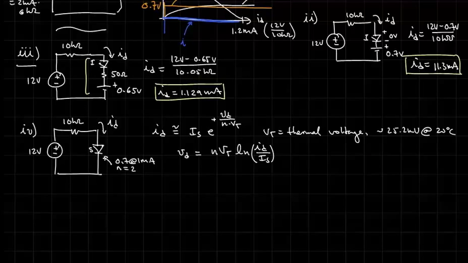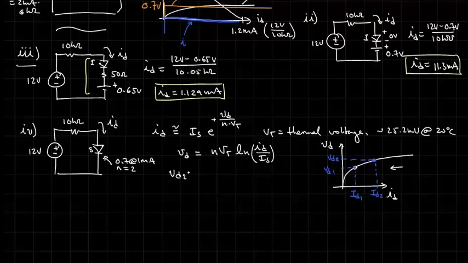Okay. Now suppose that we had 2 points on our curve defined, one at ID1 VD1 and the other at ID2 VD2. We can write VD2 minus VD1 is equal to NVT quantity, log of ID2 over IS minus log of ID1 over IS.